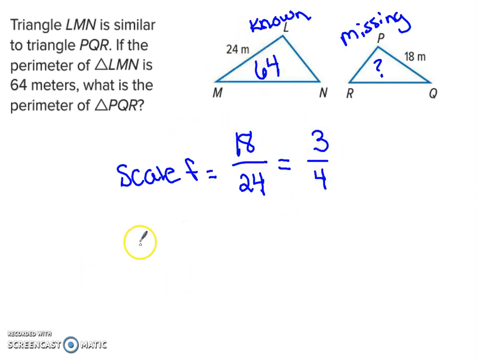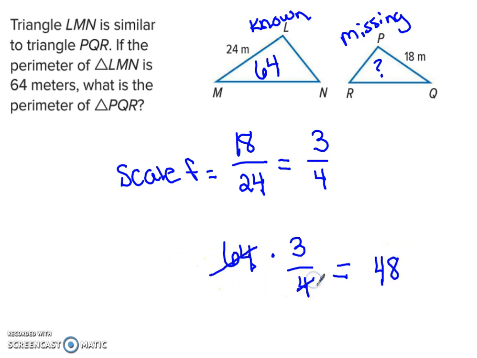I'm going to take my 64 and multiply it by my 3/4. If I do 64 times 3 and divide by 4, I will get 48. Or I could also divide 64 by 4, because it is on the top of a fraction, which is 16. Then I just have 16 times 3, and it gives me 48, not forgetting to label my answer.